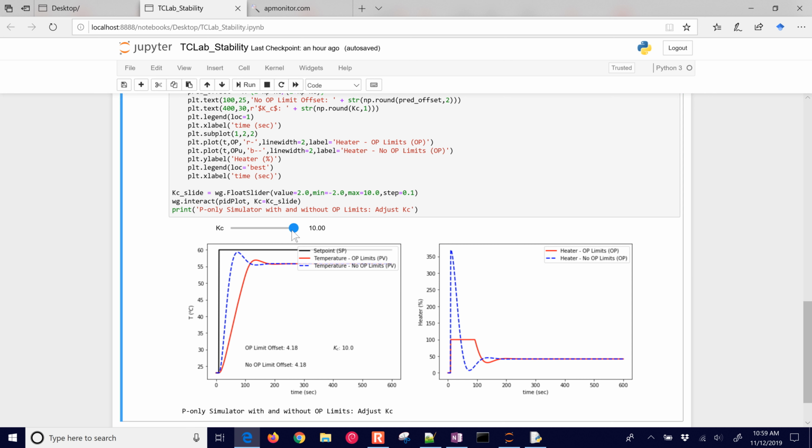And then if I go the other way, at I think it was like 2.7, this is where we stop oscillating.